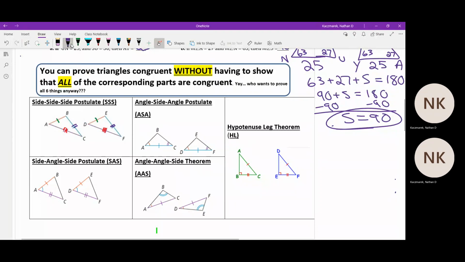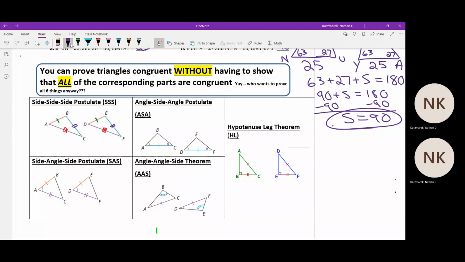I'm not jumping places, but they're right next to each other. If I'm walking around this triangle, I'm going to hit this angle, then I'm going to hit that tick mark, then I'm going to hit this other angle, all in a row. That's angle, side, angle. I had nothing in between them, but angle, side, angle, I know those congruencies. That's one of our proofs.